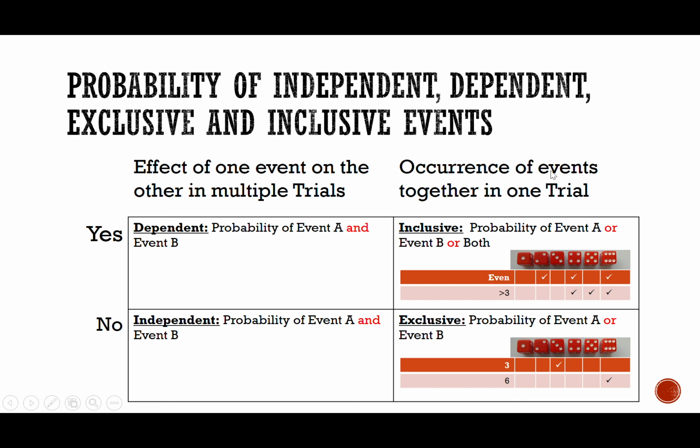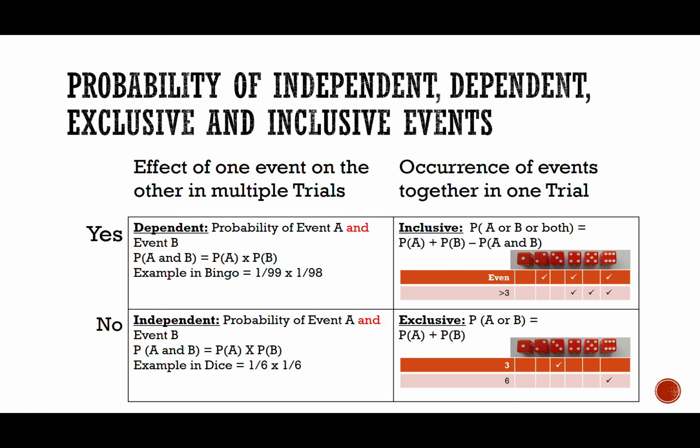When we are talking about the occurrence of events together or not, inclusive or exclusive events, you will find wording like probability of event A or B or both. So or over here is common. That tells you whether you are finding an inclusive or exclusive event, or a dependent or independent event.